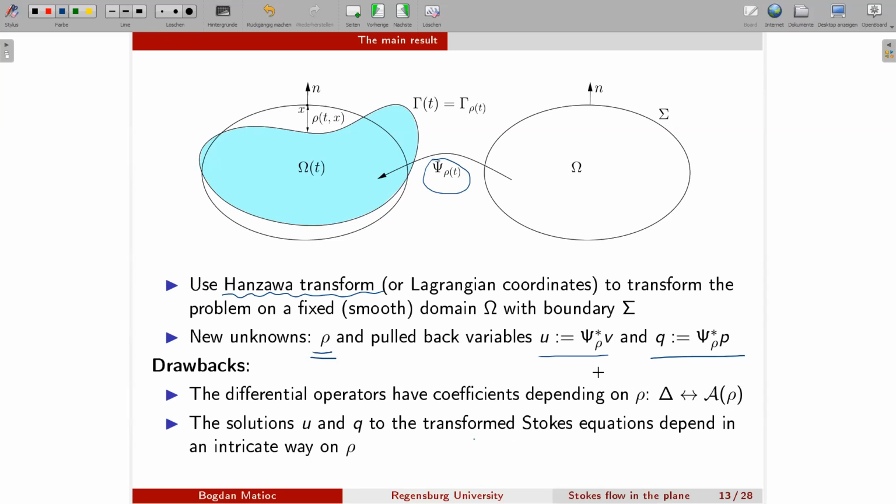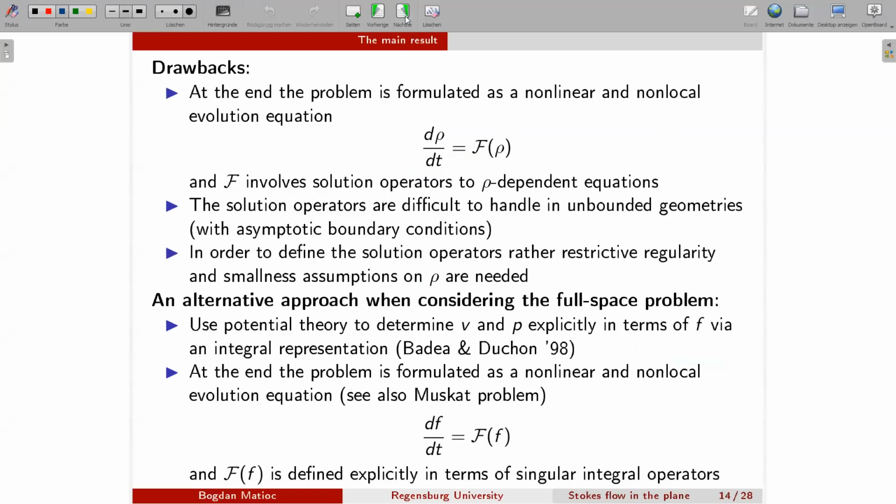And then one has to solve the transformed Stokes problem, and one obtains solution operators for the pullback velocity and pullback pressure, which depend in an intricate way on rho, because the coefficients of the operators depend nonlinearly on rho. However, at the end, one obtains a nonlinear and nonlocal evolution equation, which can be solved.